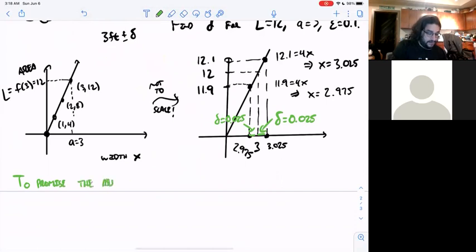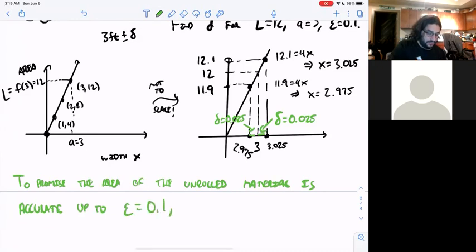Right. So that's our answer in this case, to guarantee that the area of the unrolled rectangle of material is accurate up to epsilon equals 0.1.